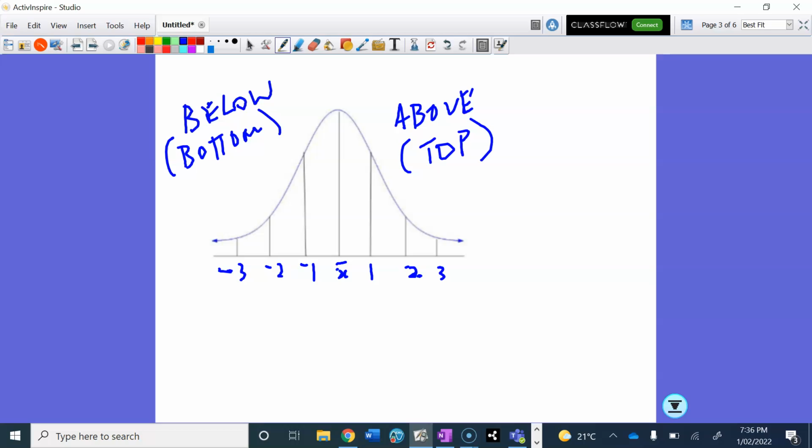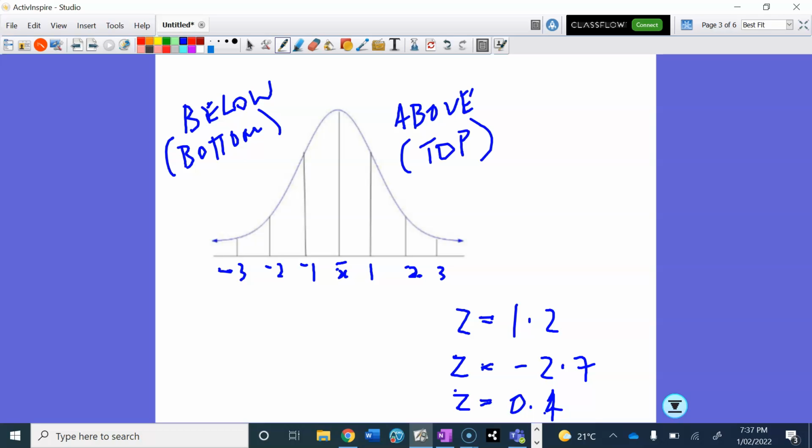You might do some calculations and calculate a Z-score of 1.2. Or you might calculate a Z-score of negative 2.7. Or you might calculate a Z-score of 0.4. It doesn't really matter what the numbers are at this point. The first part of being able to interpret is to be able to identify where on the graph these values would fall.